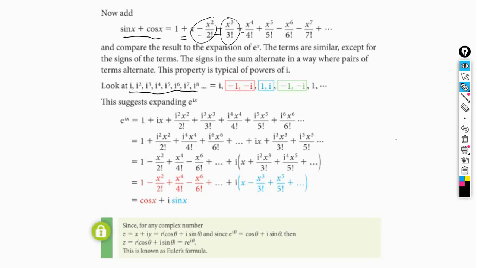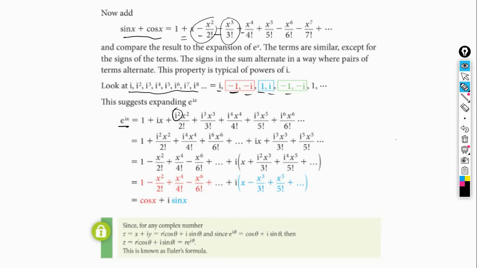With i, i squared is negative 1, i to the 3 is negative i, i to the 4 is going to be 1, i to the 5 is going to be i again, i to the 6 is going to be negative 1, and so forth. So it follows a sequence. So we could use this sequence, and notice that if we have e to the power of i times x, the expansion of that would include these terms for i.